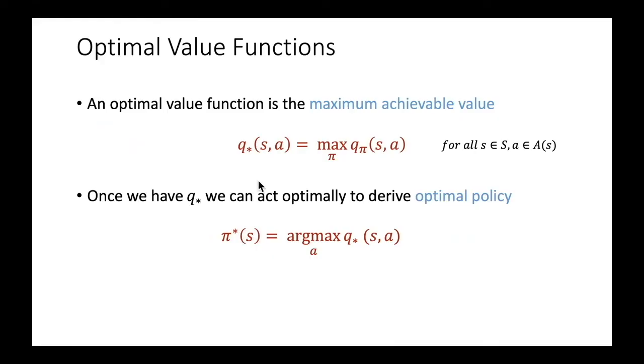You can see that they first set out to compute the optimal value function. Once again, the optimal value function tells us the maximum achievable value for an agent to be in a state S and take an action A. That is the intuition. And once that is computed, it is very easy to derive the optimal policy because I am in state S.